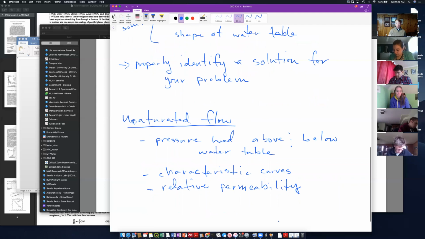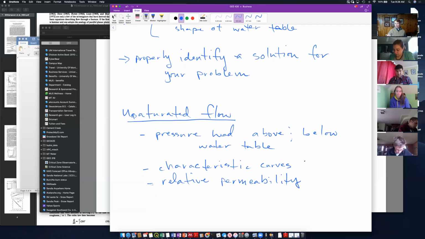I would expect you to be able to calculate some of these things. So, I would expect you to be able to take a measurement of volumetric water content.